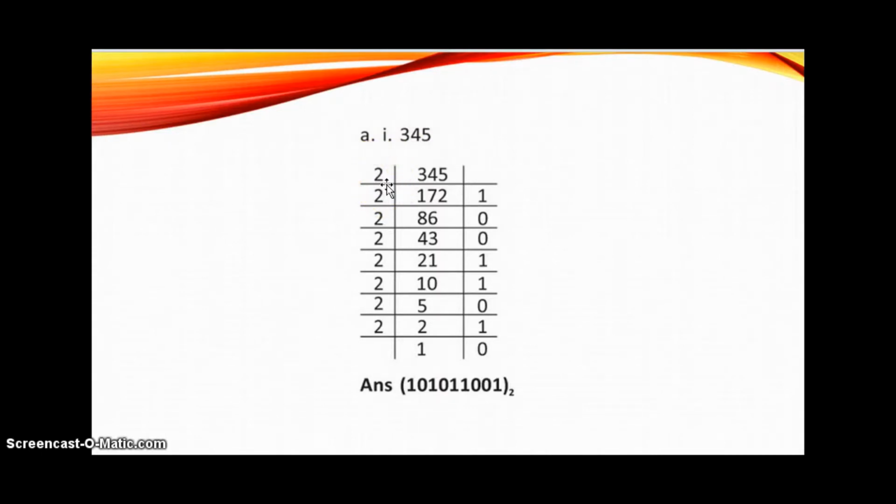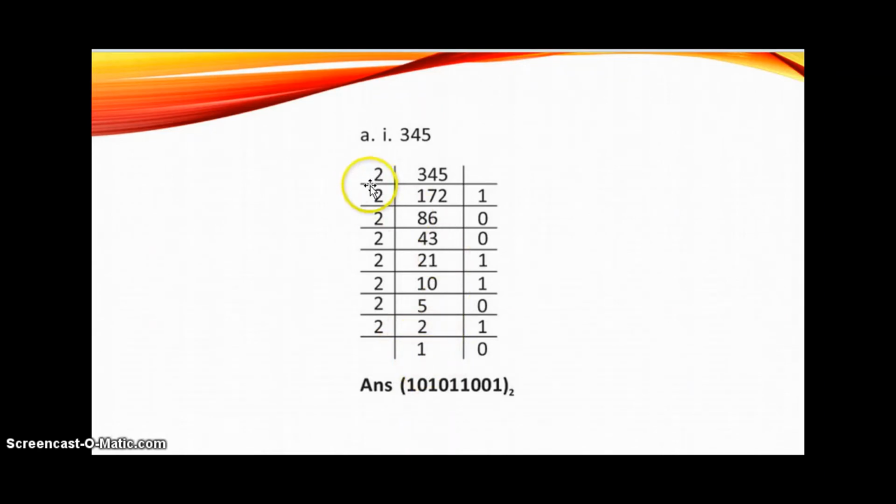If we had to convert it into the octal number system, the base is 8, and we would divide 345 repeatedly by 8. But here, since it is conversion from decimal to binary, we will divide repeatedly by 2 till the quotient 1 is obtained.